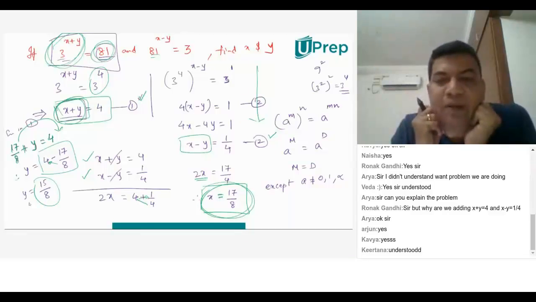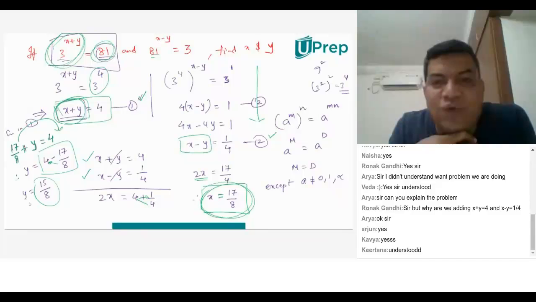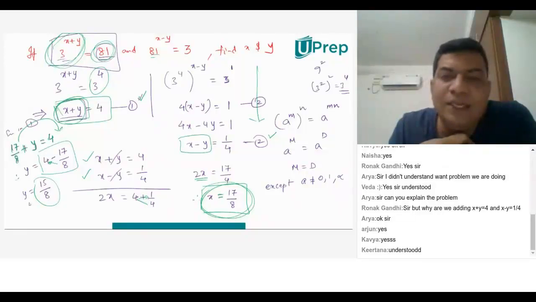Very good question. The reason we are adding, so these are actually linear equations. Even if you're in 8th standard, if you write an Olympiad test, they will ask you simple questions on linear equations in two variables.